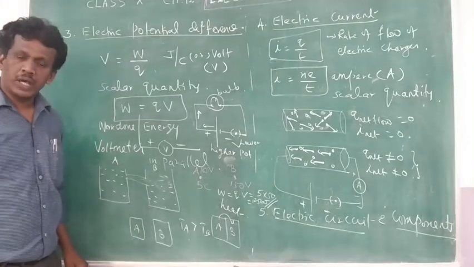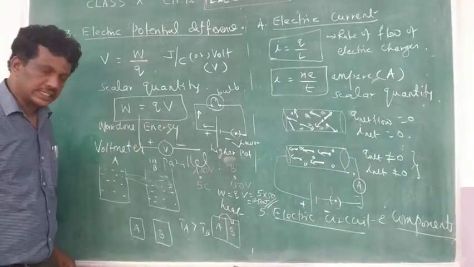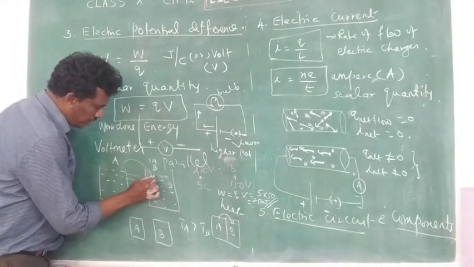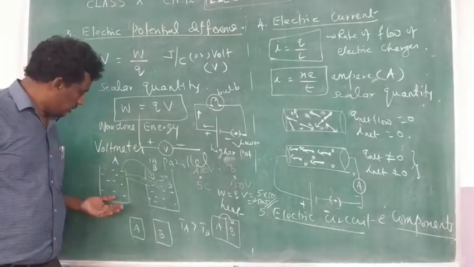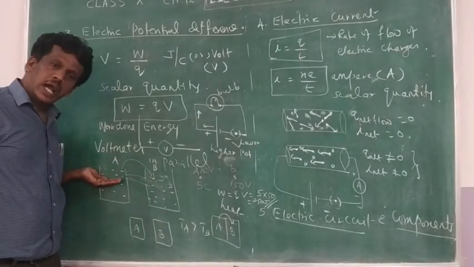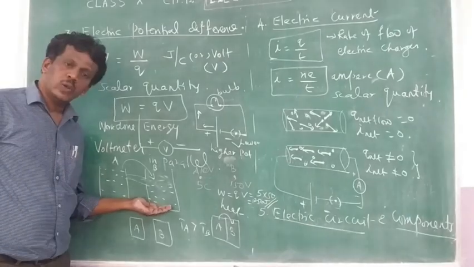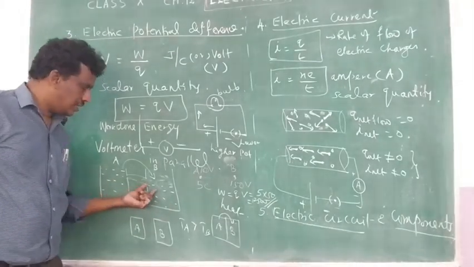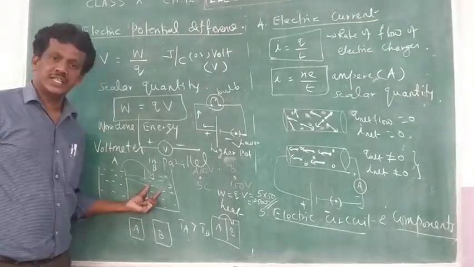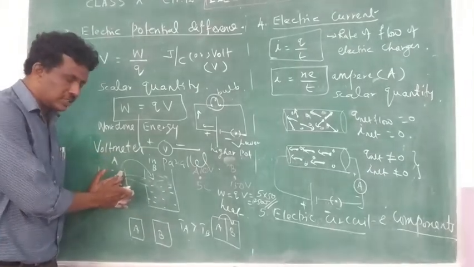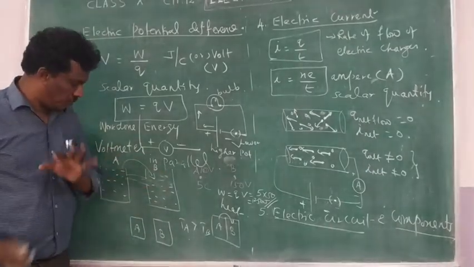Now what will happen? How will the liquid flow? Yes, the liquid will flow from A to B because A is at a higher level and B is at a lower level. Because of that difference in pressure, the difference in pressure is responsible for the flow of liquid.